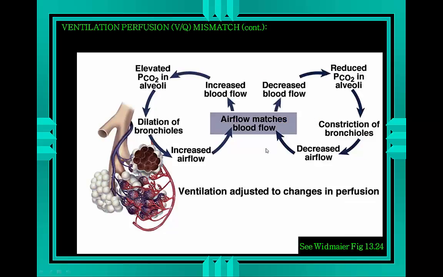Now, the opposite also happens. For example, if we've got damage to the capillaries, so if you've got a vascular problem where we have decreased blood flow, and we'll look at the right-hand side because it's much more common, if we get a decreased blood flow to the alveoli, or to part of the lungs, obviously we're going to again compromise gas exchange. So if we can't send blood to the lungs, we can't deliver excess carbon dioxide to them to get rid of it from the body.